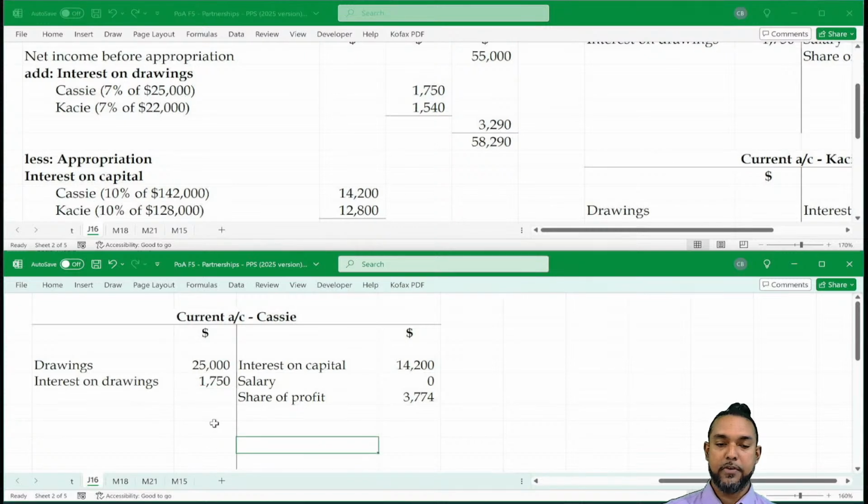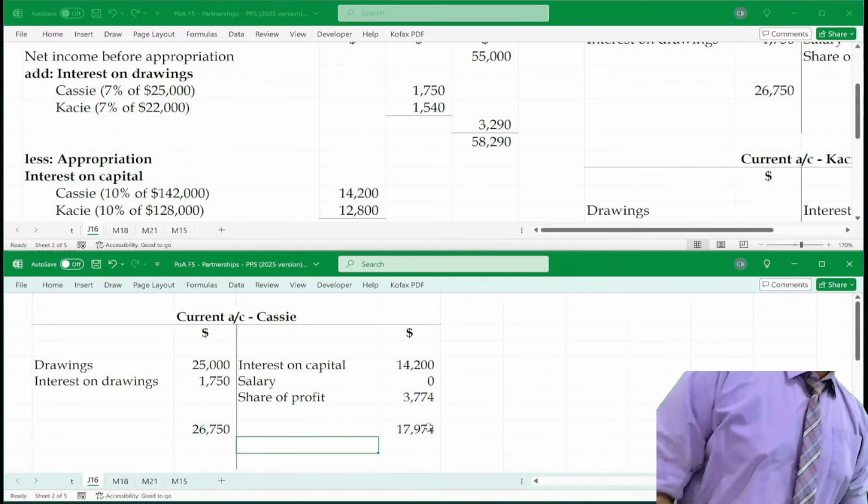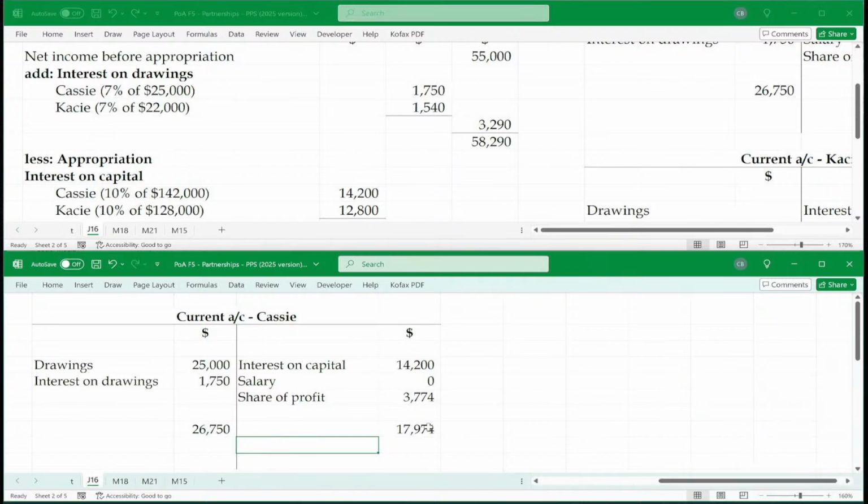Okay, cool. So if we were to add up both sides here right now, which side is bigger, the debit side or the credit side? Sorry, one sec. Right, debit.